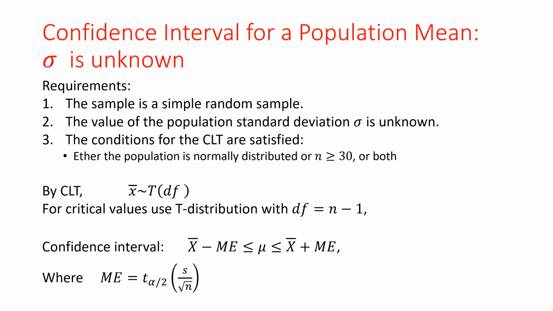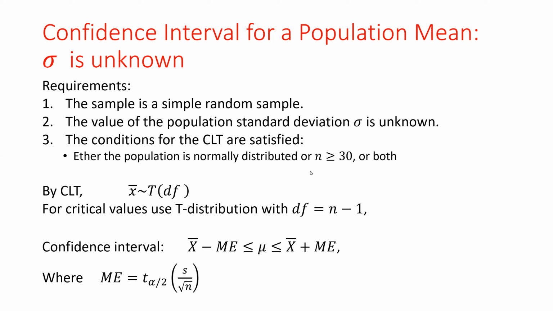Okay, so again, I'm going to repeat that. In order to be able to use this procedure that we're about to discuss, these requirements have to be met. We have to have a simple random sample when sigma is unknown. When sigma is known, we're going to use a different procedure, which we're not covering in this section.